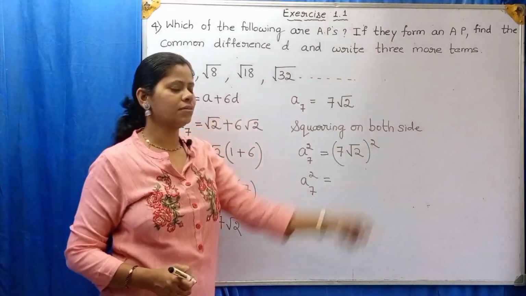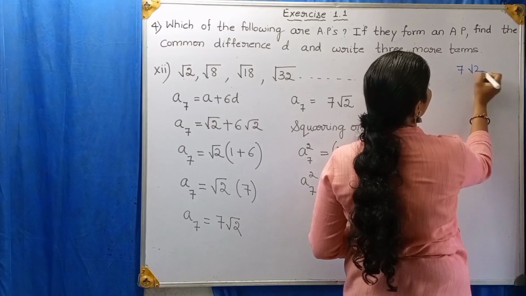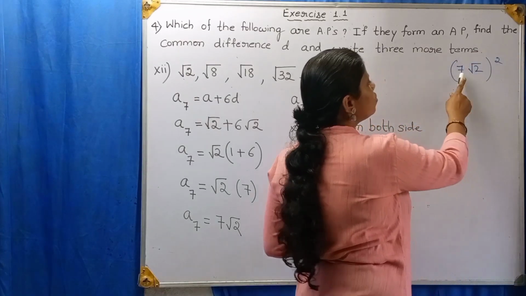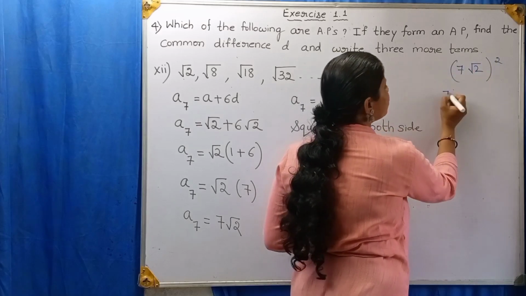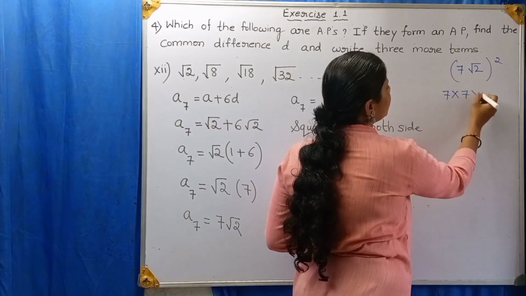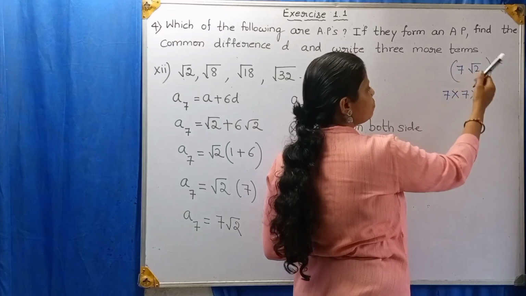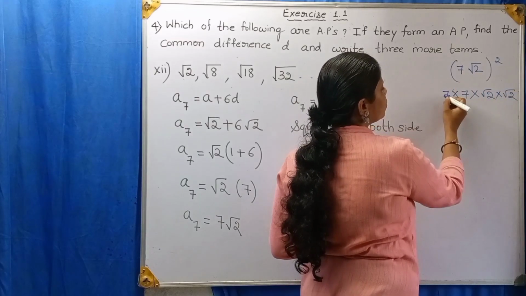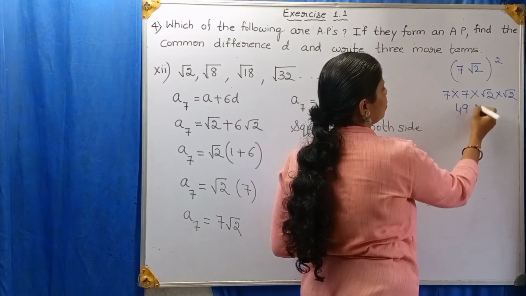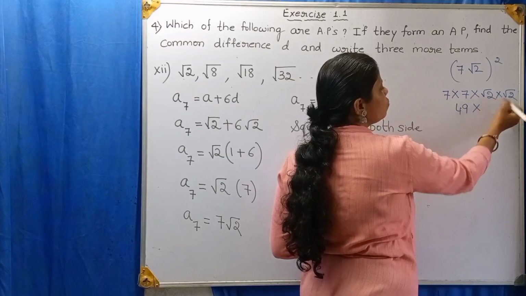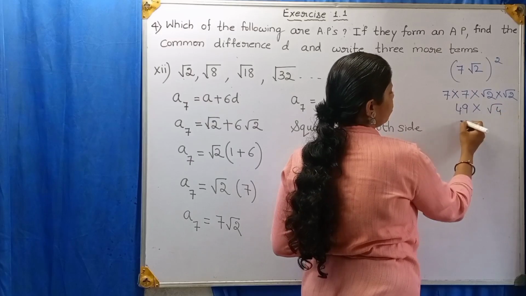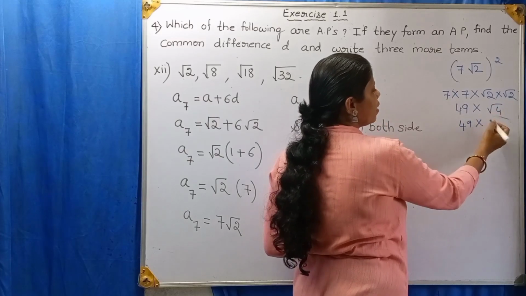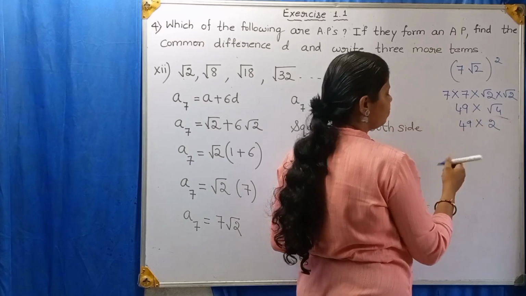Let me do that side. 7 into root 2 the whole square means what? 7 is present 2 times, 7 into 7, into root 2 is present 2 times, root 2 into root 2. 7 sevens are 49. 49 into root 2 into root 2 is what? Root 4. 49 into this root 4, I can write it as 2, isn't it?